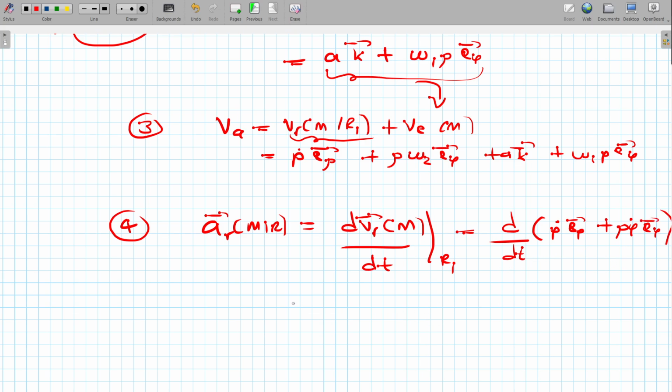So remember that this operation of differentiation is distributive. So here we can distribute it and get rho point e rho, plus the derivative with respect to time of rho phi point, sorry, rho and then phi point, e phi.